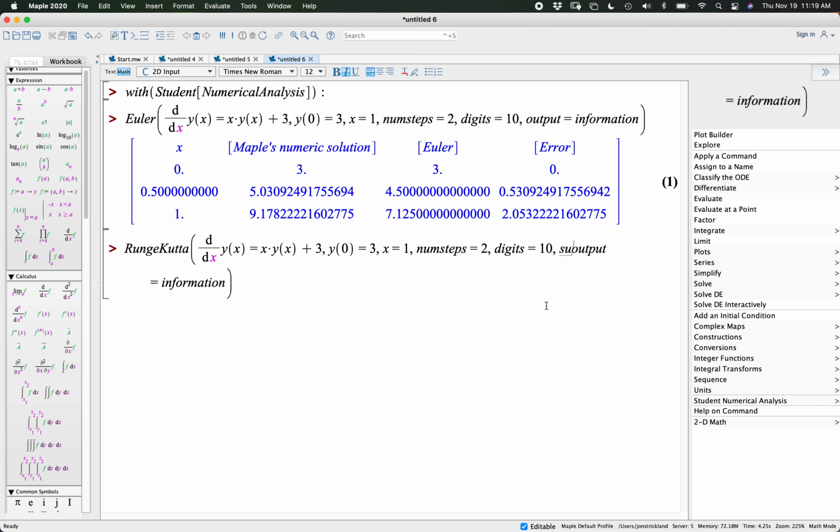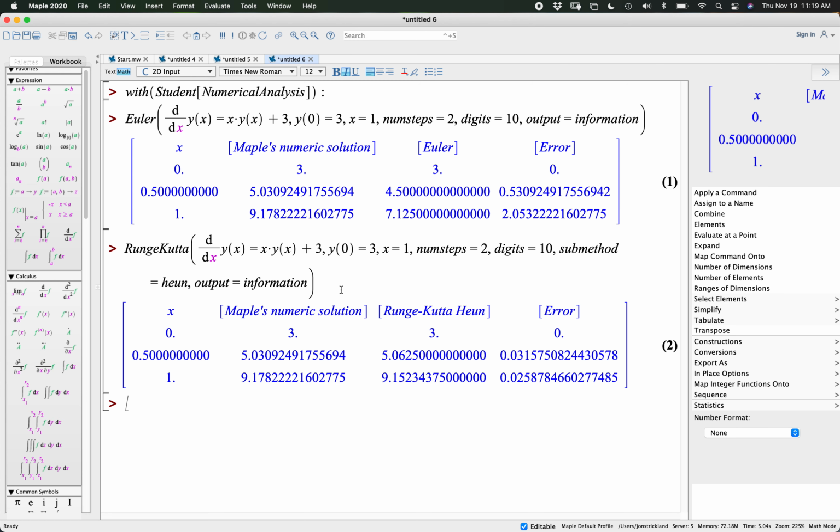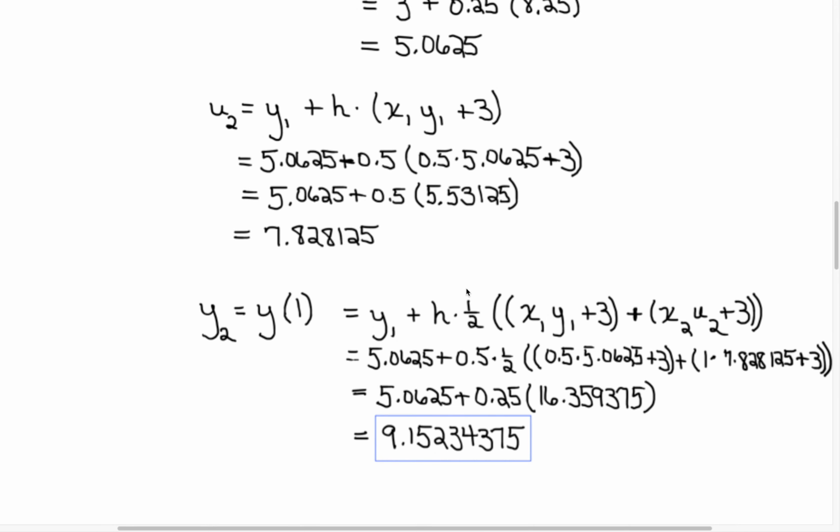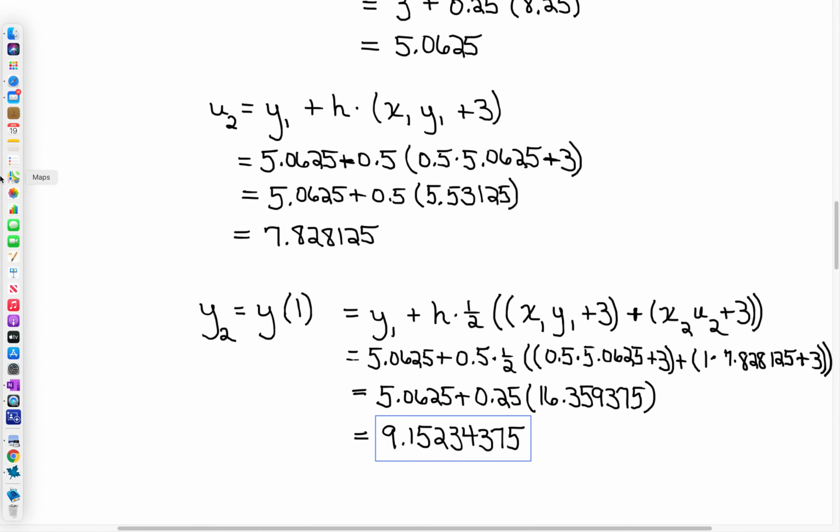Now the sub method is Heun, the Heun sub method, output equal to information, return. And so we have Runge-Kutta Heun, and that is that 9.1523 number. Let's see if we have a one-to-one correspondence. Yep, 9.15234375.